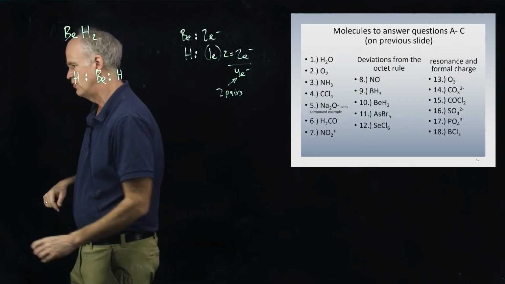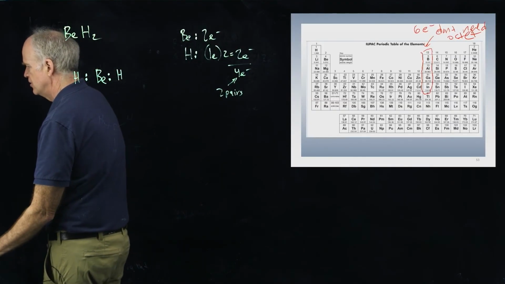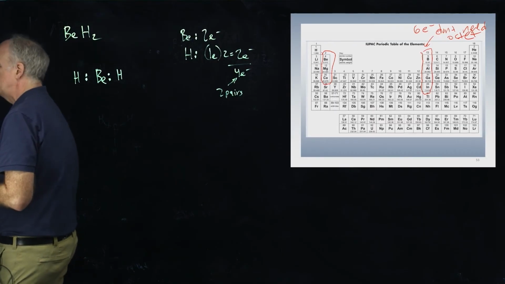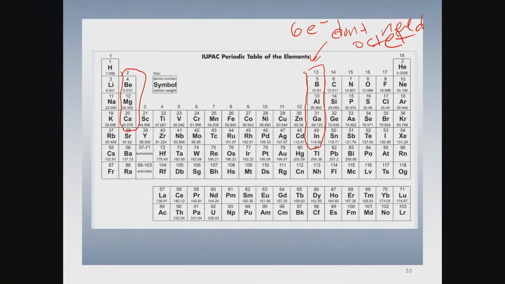Let me point that out in the periodic table here. Beryllium, magnesium, calcium, those are elements in group 2. If you have those elements in a Lewis structure, they don't need an octet. They will be happy with 4 electrons in their Lewis structure. So that's just something to keep in mind.